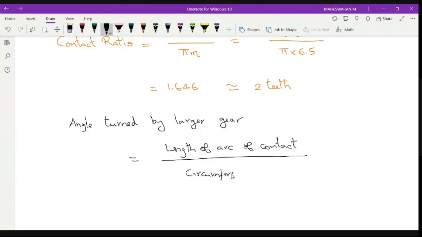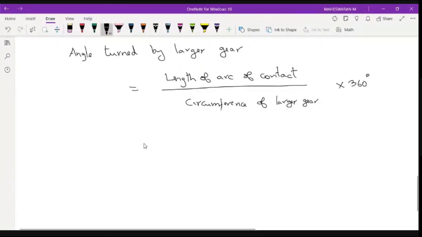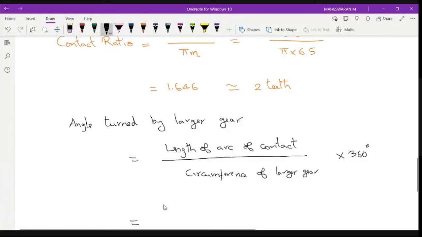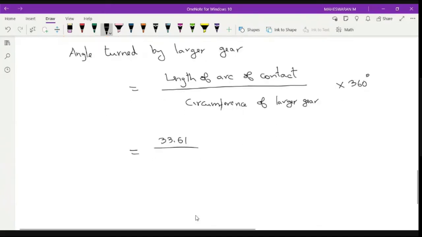Circumference of the larger wheel of larger gear into 360 degrees. Because you have to identify the angle turned, right? Which is equal to the length of arc of contact, 33.61, divided by the circular pitch.